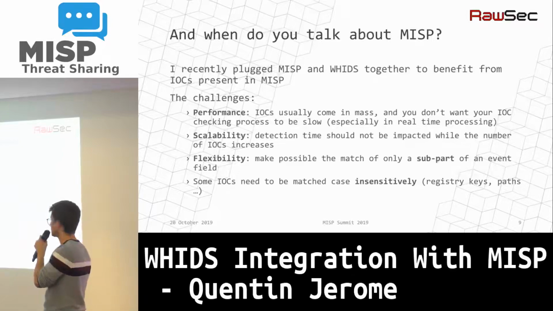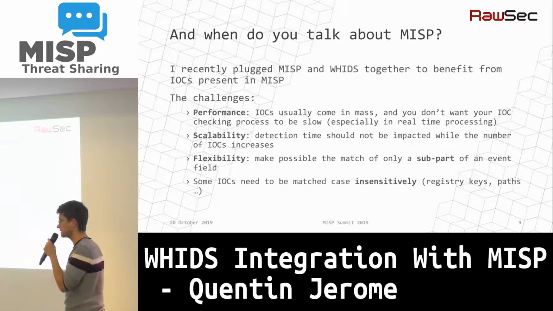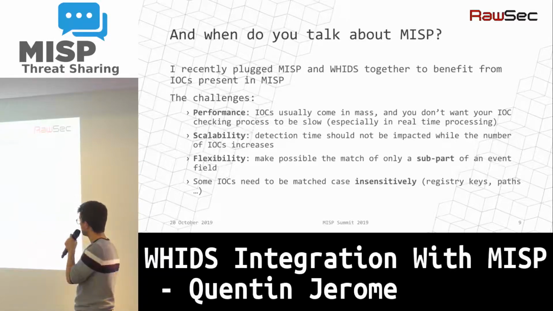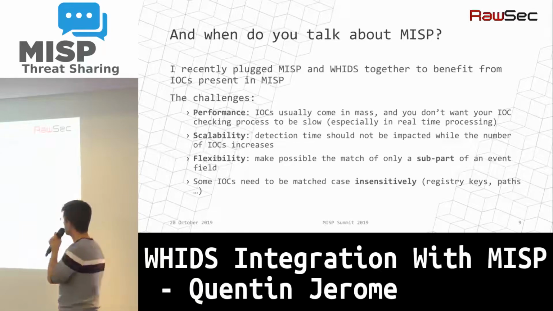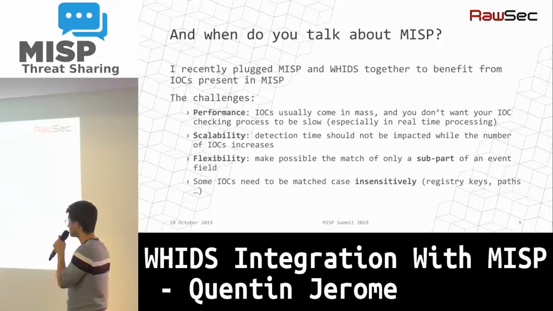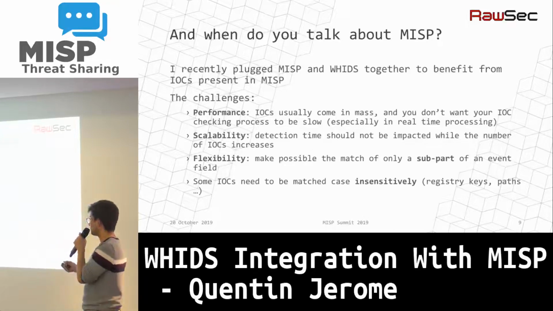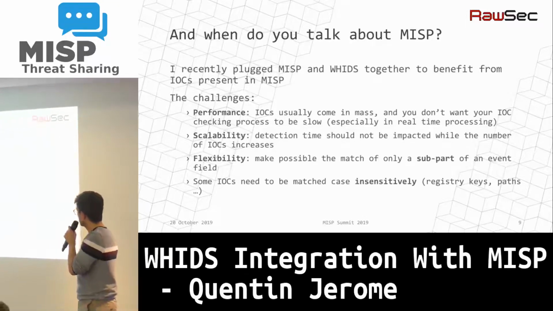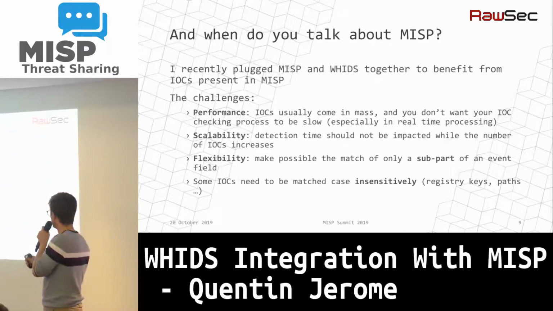Performance, because we have a lot of IOCs, and I don't want my IDS to be slow because of the high number of IOCs. I want it scalable, so I don't want the increasing number of IOCs to slow down the IDS, and I want it to be flexible. Flexible means I sometimes want to match a subpart of a field and not the full field.